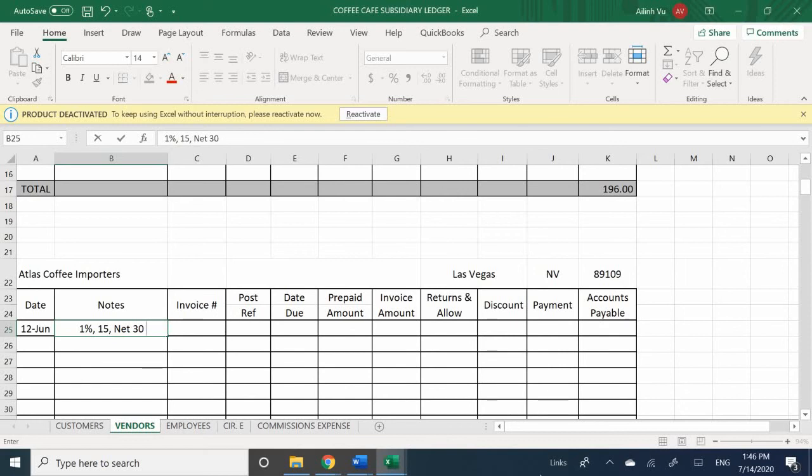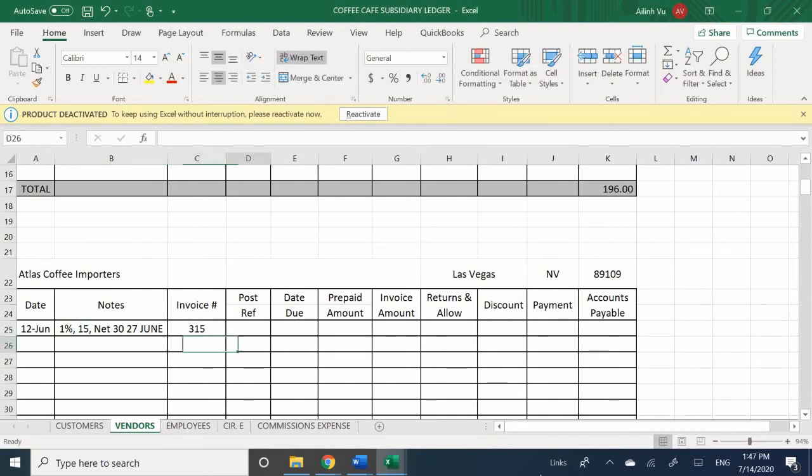So what date do I need to put on there to make sure that I meet the discount period? June 27. So I'm going to indicate that right here in my items because I don't have a discount period option, but I'll write that in there so I know if I pay within there, I can take a discount.